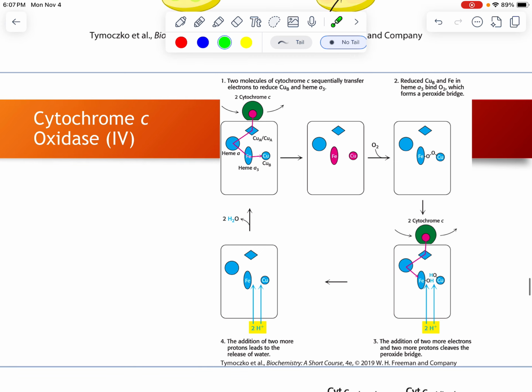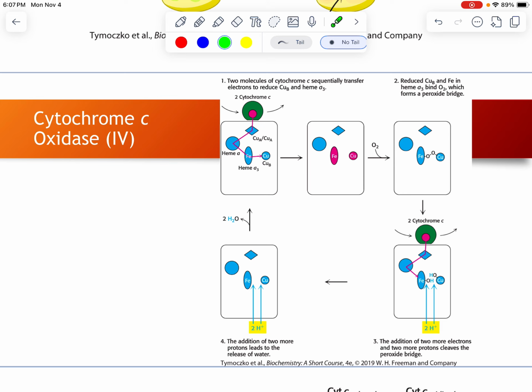All right, on to complex 4. This one is not as well understood, but we're going to look at what we do know. Cytochrome C has carried the electrons from complex 3 to complex 4, and now it's going to drop the electrons to a copper and a heme group. They get passed down and then to another iron and another copper.